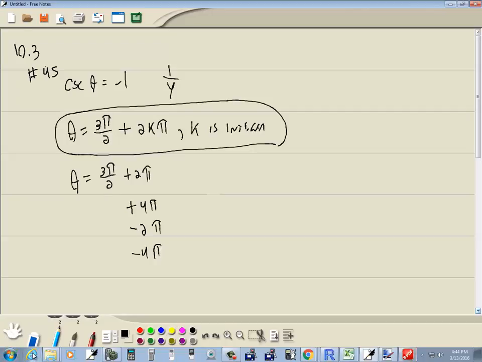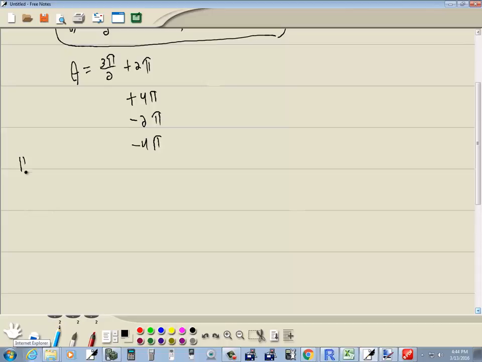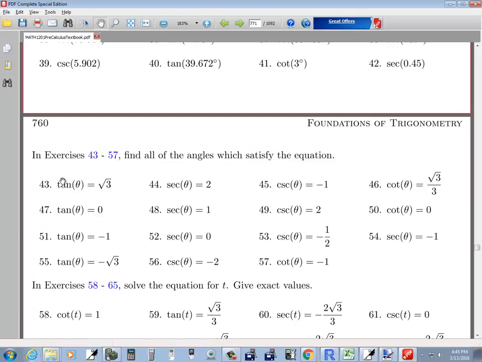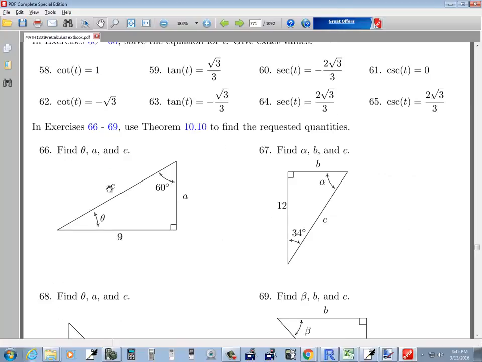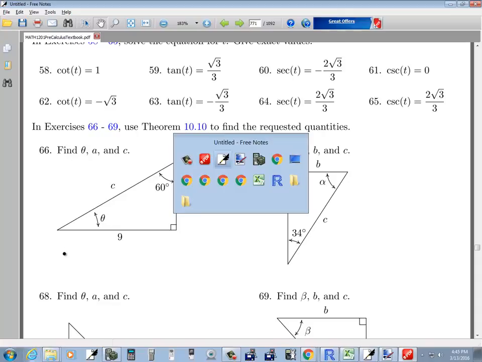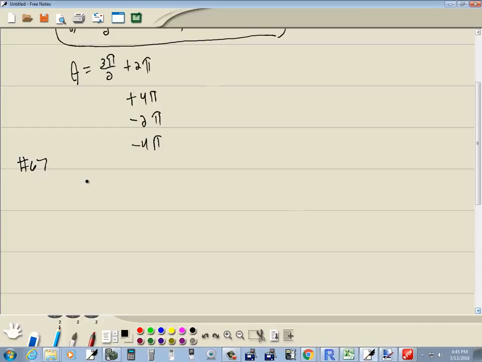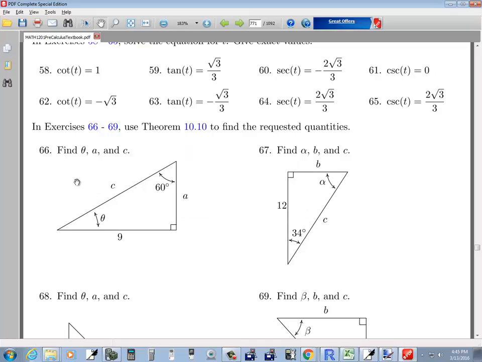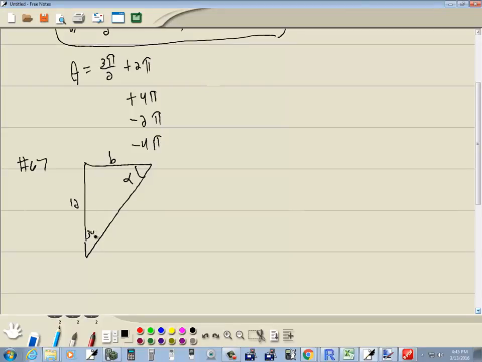Okay, let's look at 67. Got B, and this is alpha, and I got 12, and this is 34 degrees, and then I got C. I'm guessing this goes back to our sine of our angle is equal to opposite over hypotenuse.